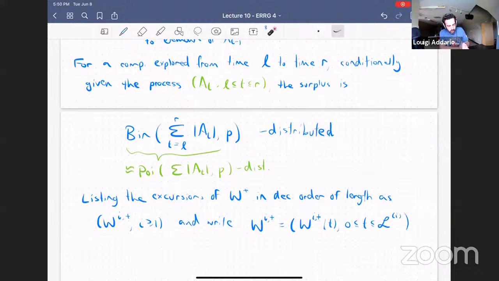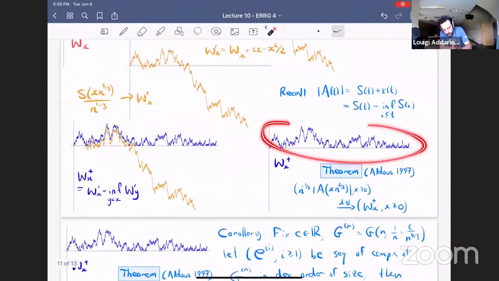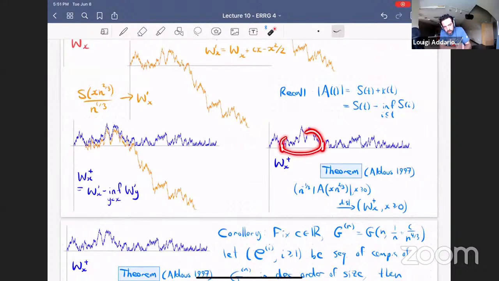What this is doing is saying, take this picture and cut it up into individual excursions. So this would be the W_1 excursion. It has its time 0 here, and then it looks like this, and this is the W_2 excursion, whatever.